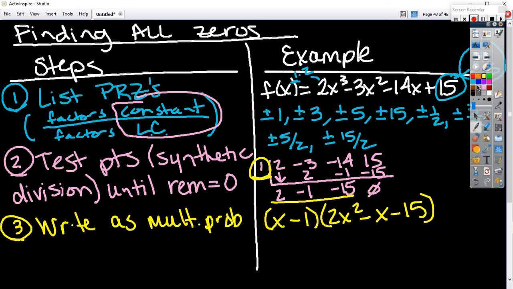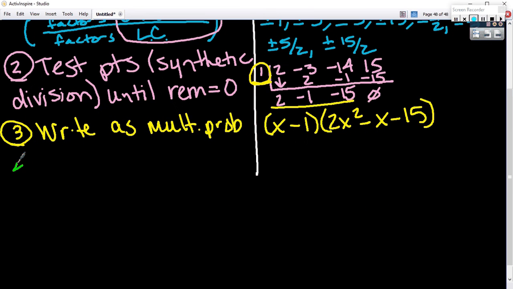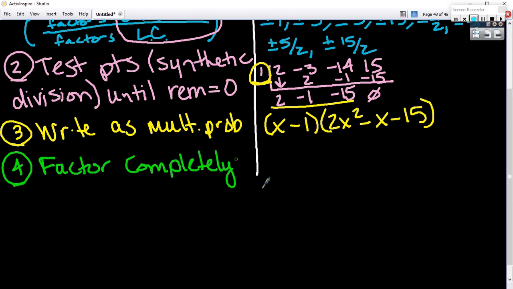So now, guys, y'all stay with me. You boxed this one, right? Yes. So now I'm going to factor completely. Miss McGee, I know how to do the box. Good. What are my signs going to look like? Mixed.